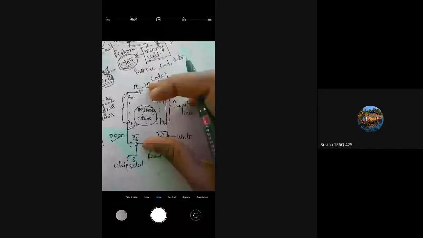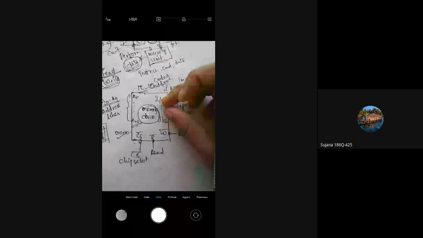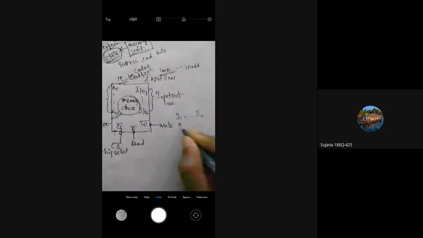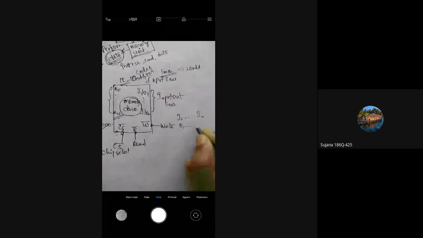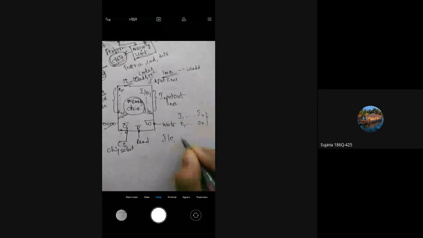The memory devices may have separate input and output lines, or they may be multiplexed. Some memory devices will have input lines I1, I2, I3 and so on up to IN, and output lines O1, O2, O3 and so on up to ON, separately. Or some may have IO1, IO2 and so on up to ION, which are multiplexed lines.